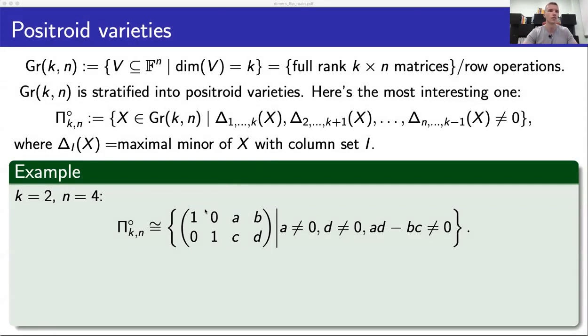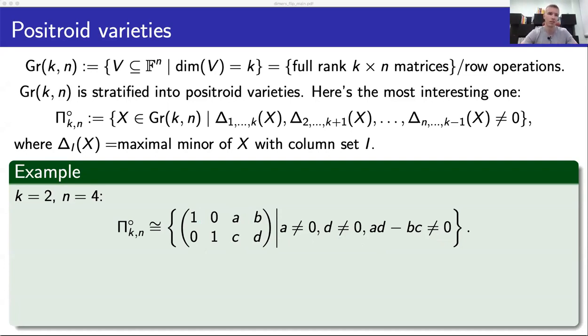And so in this case, for example, the determinant of this matrix is non-zero, which means that negative A has to be non-zero. And then the determinant of this matrix is non-zero, so AD minus BC is non-zero. And then there's one more matrix, which you get by wrapping around a circle, and its determinant is D. So D also has to be non-zero. And that defines the 2-4 Positroid variety.